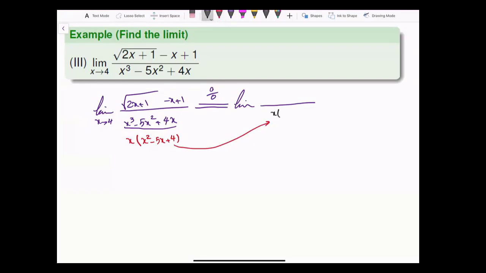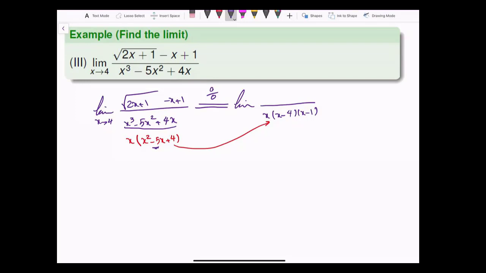It is x times x minus something. Here, I'm looking for two numbers which add up to negative 5 and multiply to 4. That would be negative 4 and negative 1.